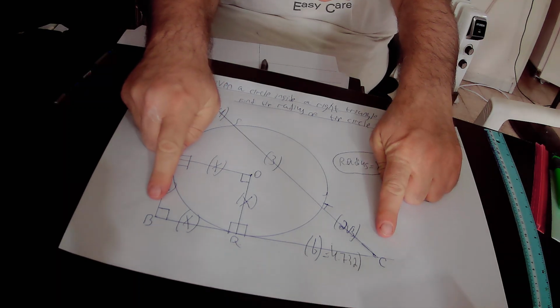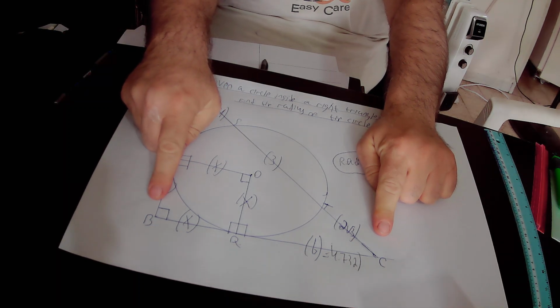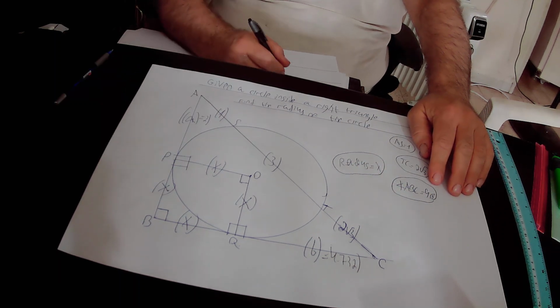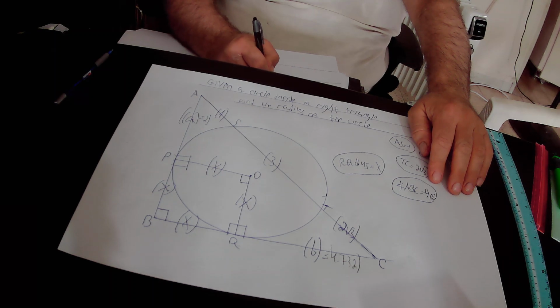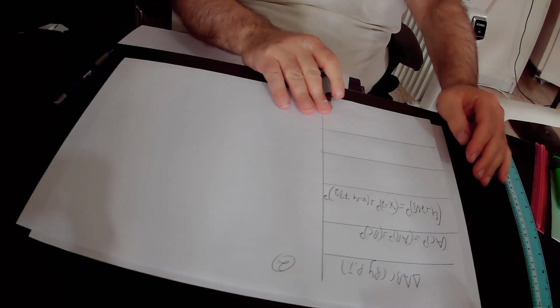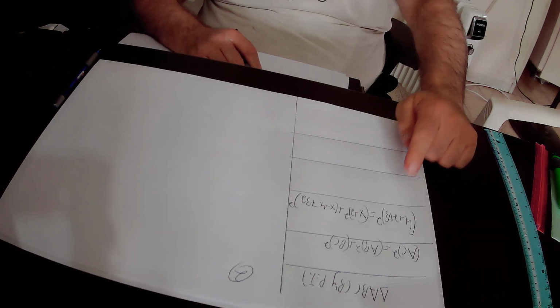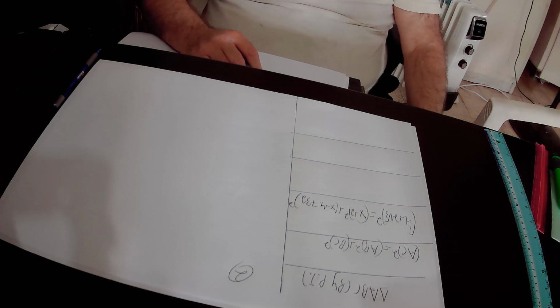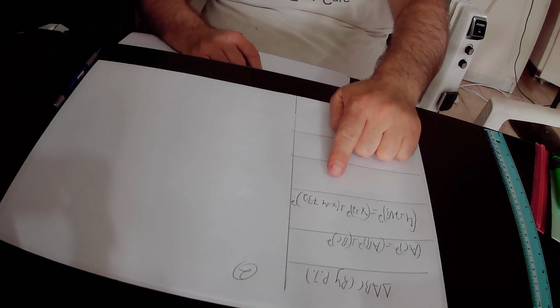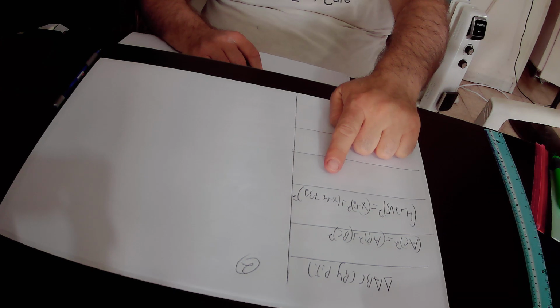BC, here it is very easy to see that BC in total equals x plus 4.732, therefore BC squared will be equal to x plus 4.732 squared. In conclusion, we found out that 4 plus 2 times root of 3 squared equals x plus 2 squared plus x plus 4.732 squared.